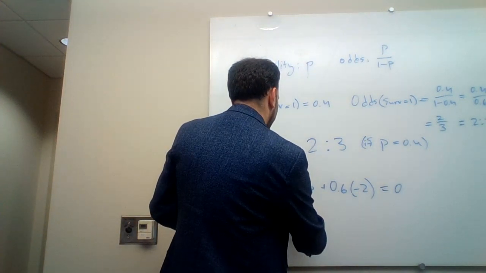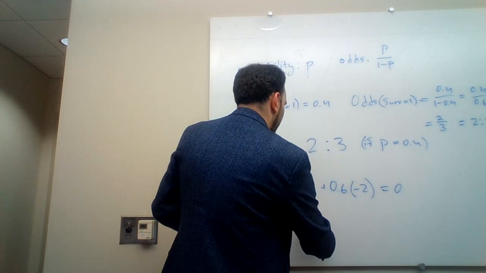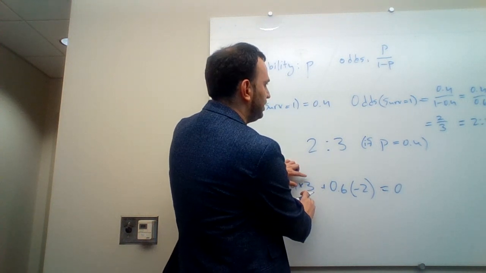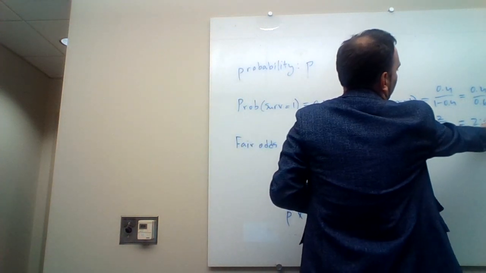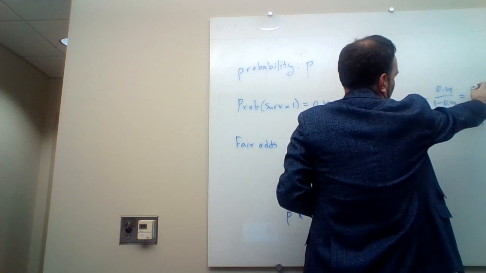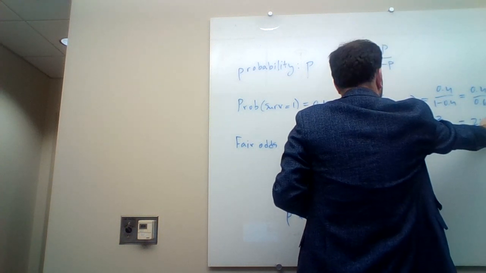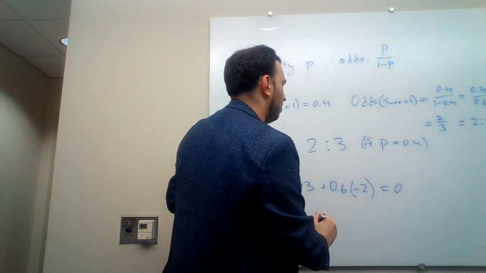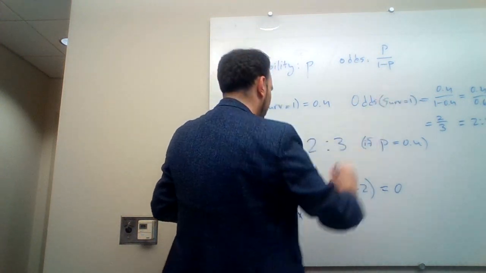is the P, and then here it's 3. So the 3, if you remember, is 0.6 times 5, right? So what they did is they multiplied each of those by 5.